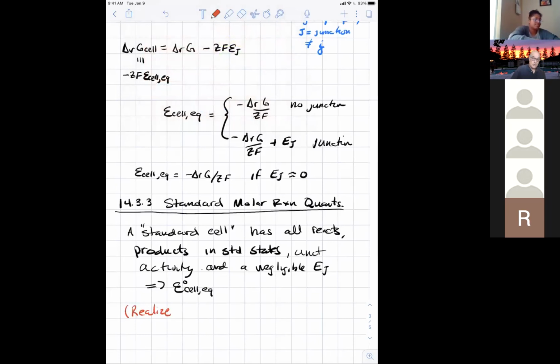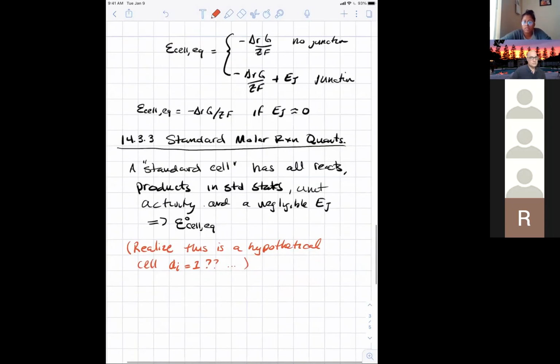Okay, so what we want to realize is that this is a hypothetical. In other words, we could never hope to have unit activities in real life. We have the ideal dilute limit, we have the Raoult's law limit, et cetera. So this is purely hypothetical.